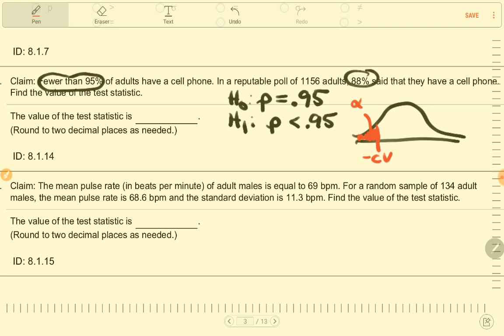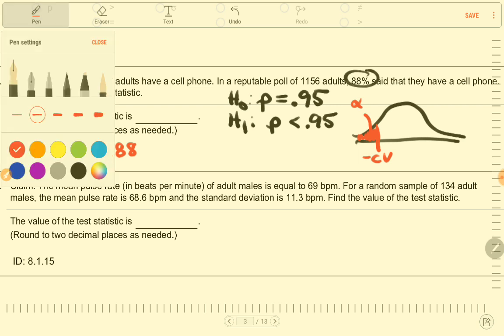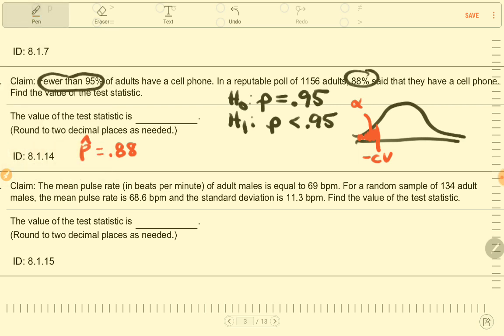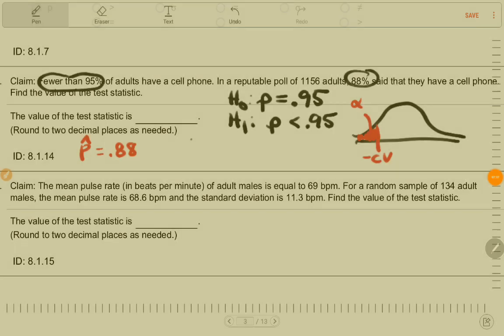But to actually get the test statistic, we just take the sample statistic, which is p hat. P hat is 0.88, and we're going to turn that into a z-score using the test statistic formula, which is in the reference packet.